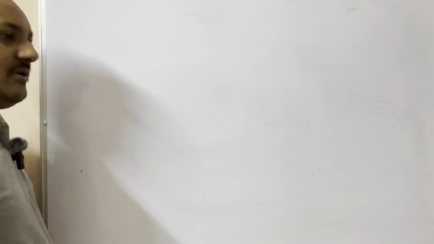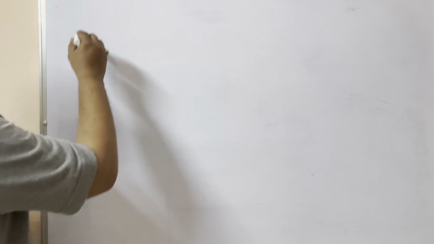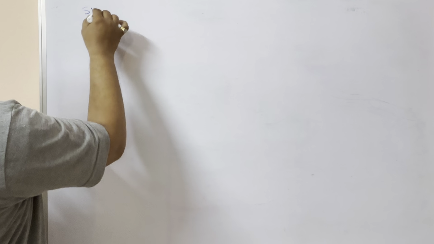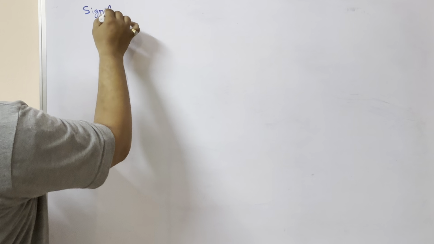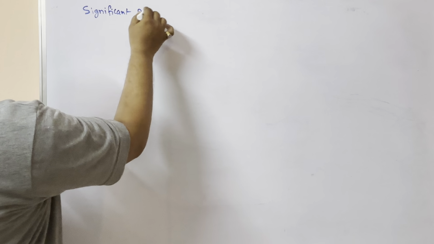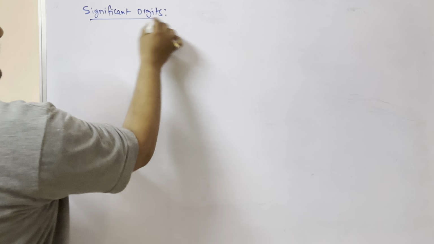But to see those problems, we require some basics, that is significant digits and rules for addition, subtraction and multiplication. So what are significant digits? How do we take them from numbers? Significant digits or significant figures.